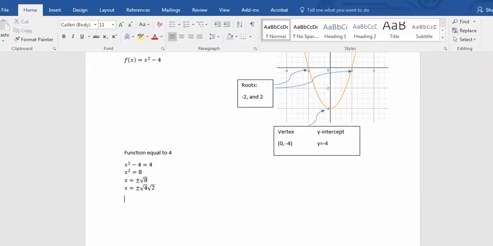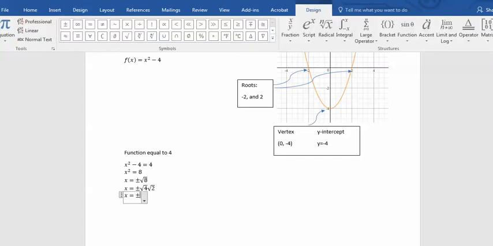Because 4 times 2 equals 8, and then the square root of 4 is just 2. So we can write that as x equals plus or minus 2 root 2.